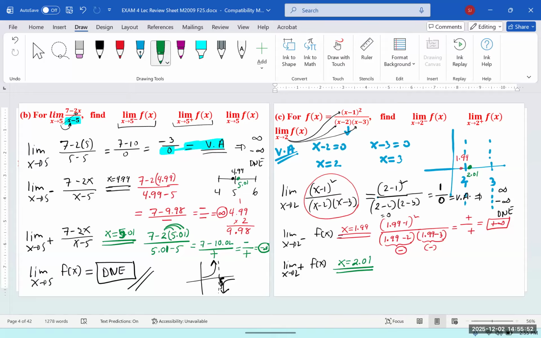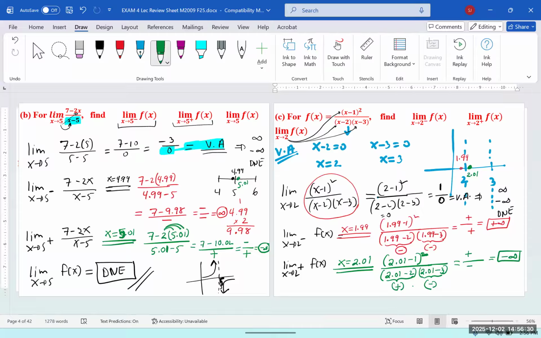So we are going to substitute (2.01 minus 1) squared over (2.01 minus 2)(2.01 minus 3). Again, the numerator is always positive because it's a square. And then here 2.01 is bigger than 2, so this is positive. But here 3 is bigger and this is negative. So plus times minus gives you a minus. So our right side is negative infinity.